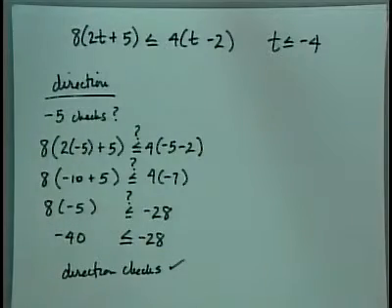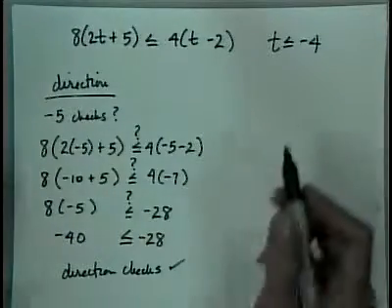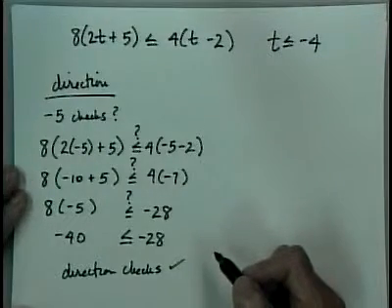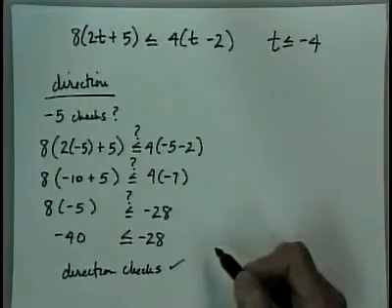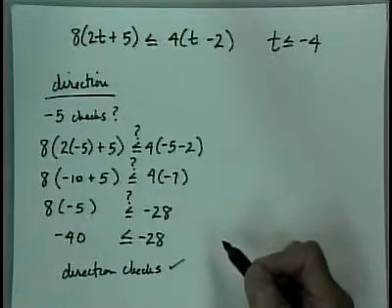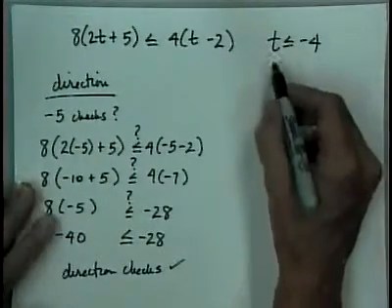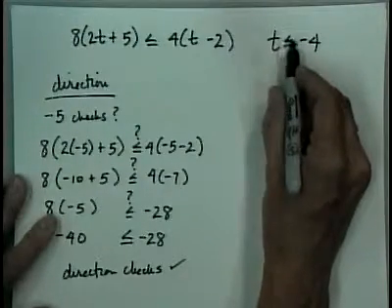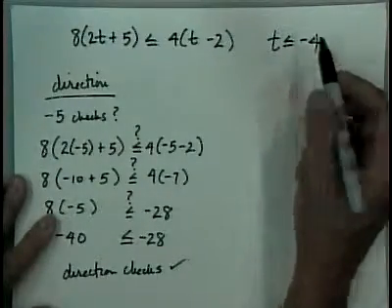Now there's another little bit to this example, and that was to take our solution set and write it in interval notation. There's a lot of descriptions of interval notation on page 31 in your textbook. This particular interval indicates all numbers less than or equal to negative 4.